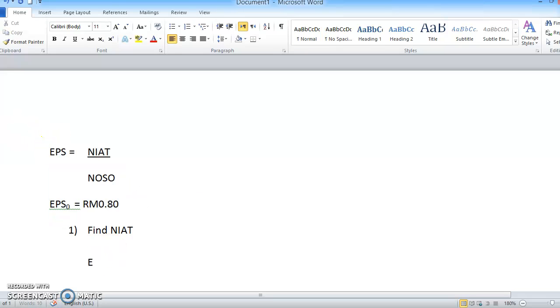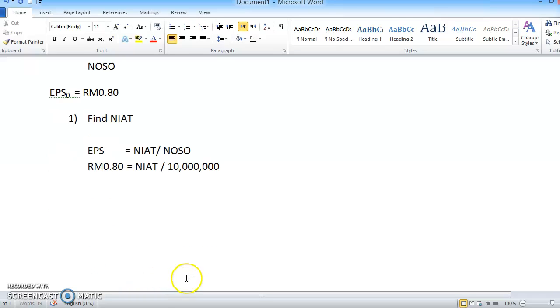We already have the EPS formula, which is net income after tax divided by number of common stock outstanding. So you know the EPS is RM 80 cent, and we do not know the net income after tax, and the number of common stock outstanding is 10 million.